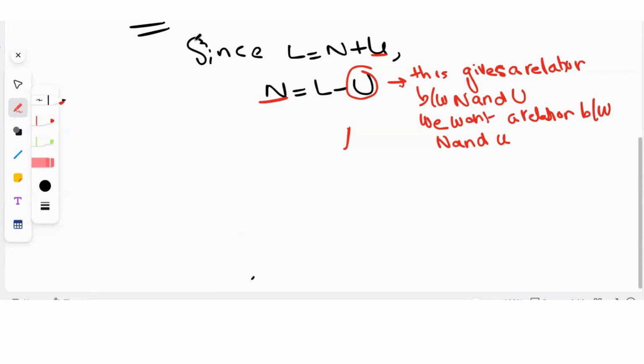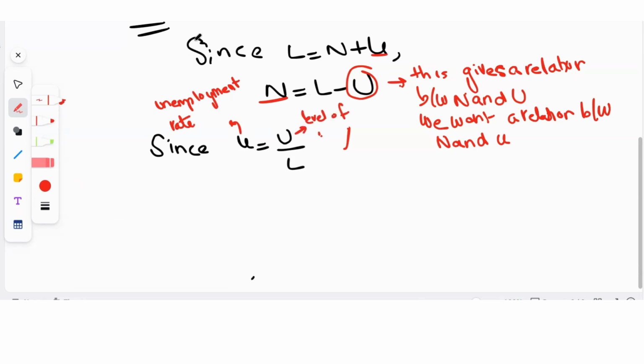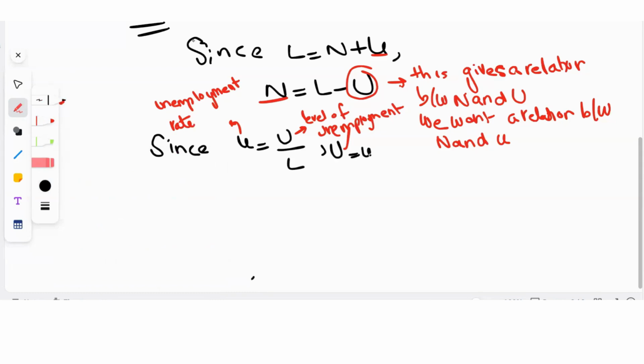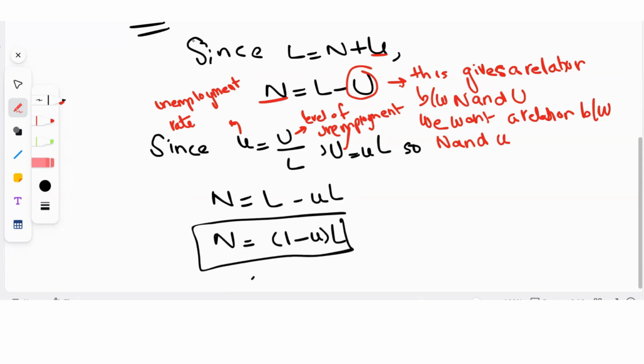Since we know small u is equal to capital U by L, where small u is the unemployment rate and capital U is the level of unemployment, we can establish that capital U is equal to small u times L. Now I can write N in terms of small u as L minus small u times L. If I factor out L, this becomes (1 minus u) times L. So N is equal to (1 minus u) L, and this makes sense, because if u is the unemployment rate, 1 minus u is the employment rate.